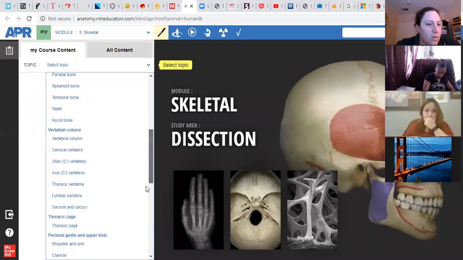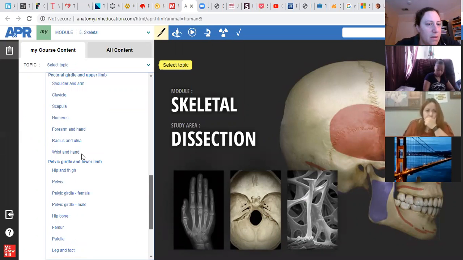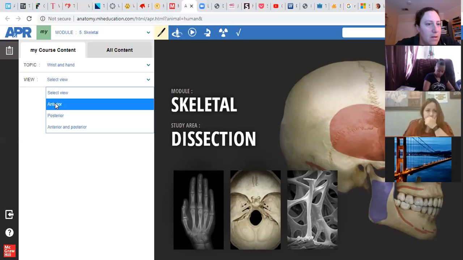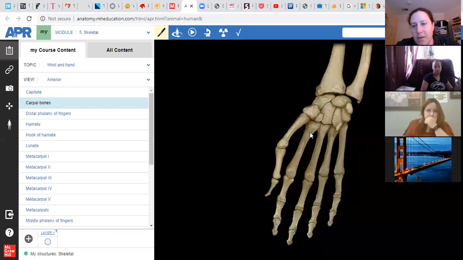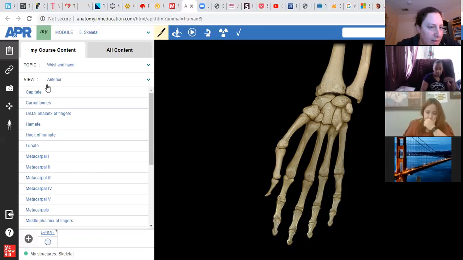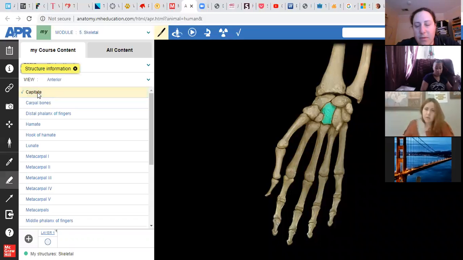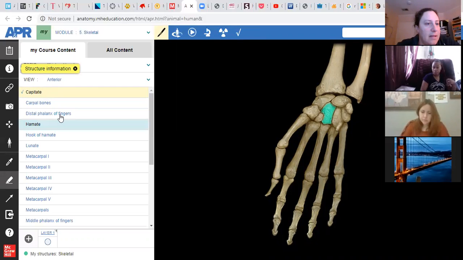So for example, right, so here's a nice hand. And like I said when we were live, I'm not going to give you individual bones, right? It's always going to be all connected so you can figure it out. But you'll know that that's the bone I'm asking about, right? Because now it's a different color.